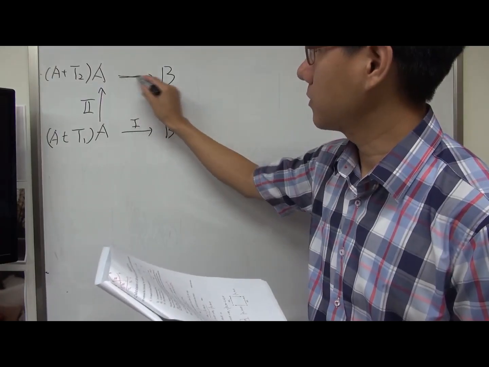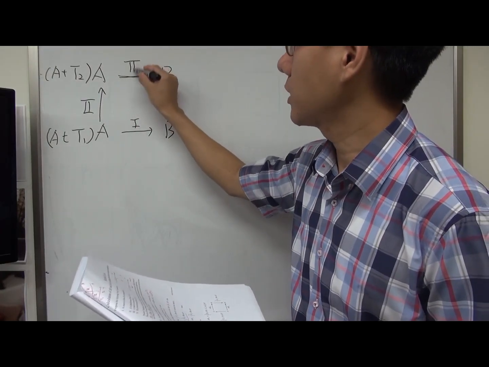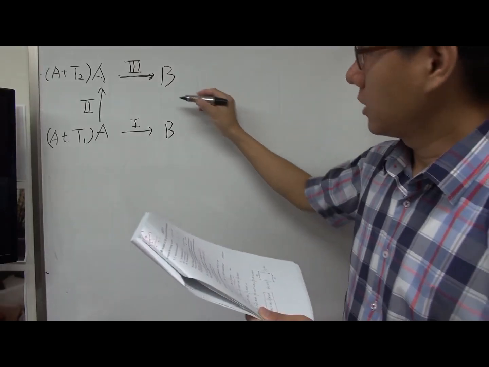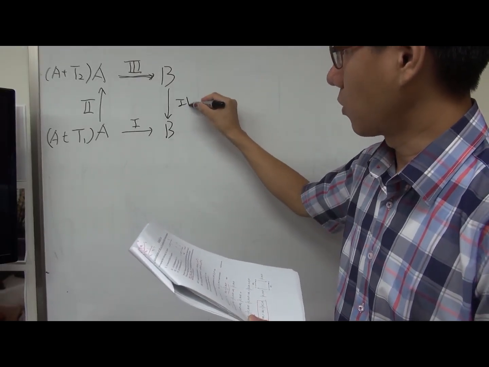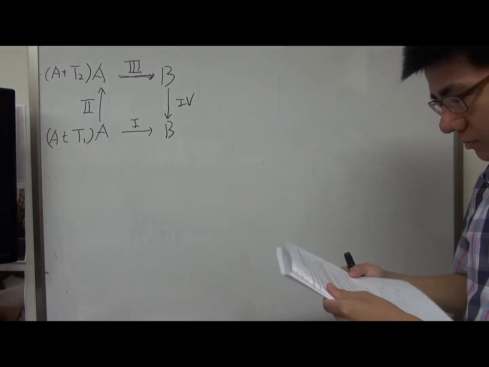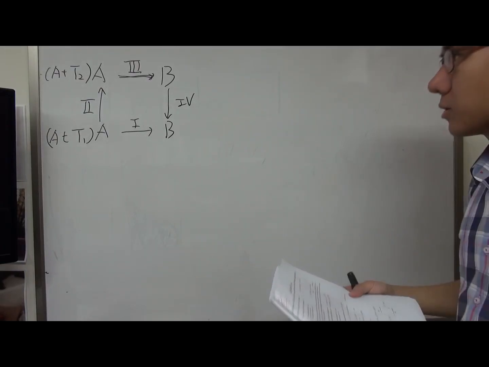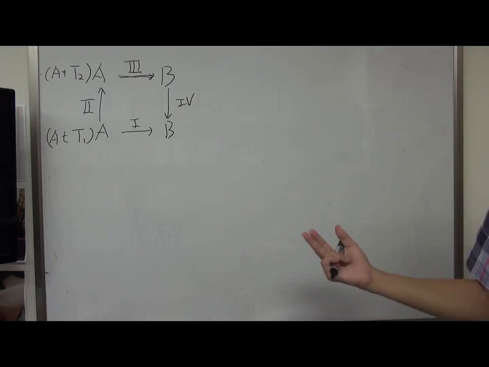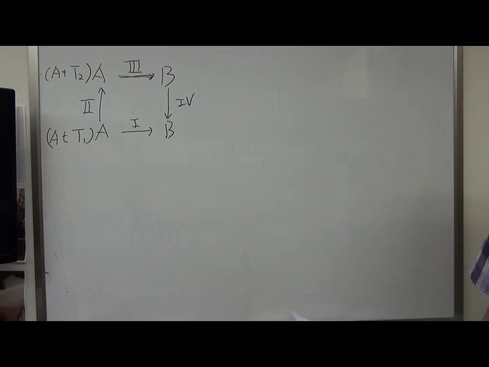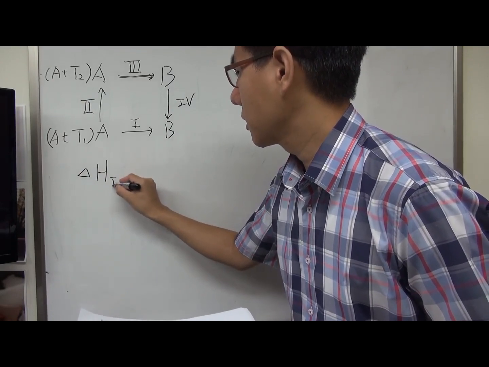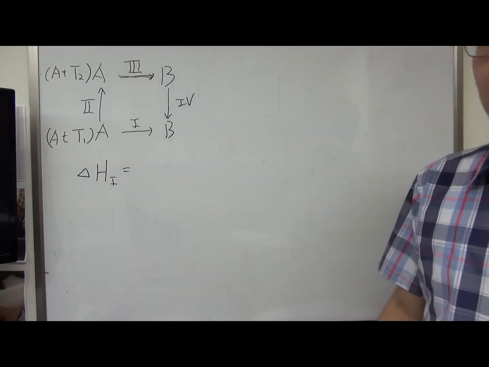And this reaction as 3, from A to B at temperature T2, and this reaction as 4. As you see the direction of arrows, you can determine this enthalpy change.